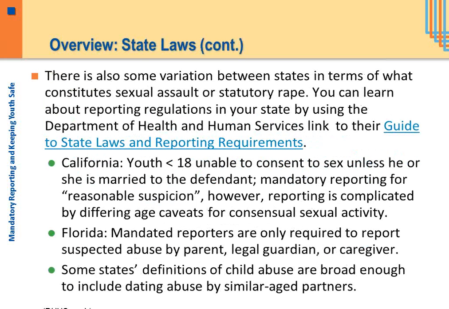There's also variation between the states in terms of what constitutes sexual assault or statutory rape. And you can, again, learn about the reporting regulations in your state by using the Department of Health and Human Services link, in which they give an explicit guide by every state to both laws and reporting requirements around sexual assault and statutory rape. So we just pulled out a few examples for you.